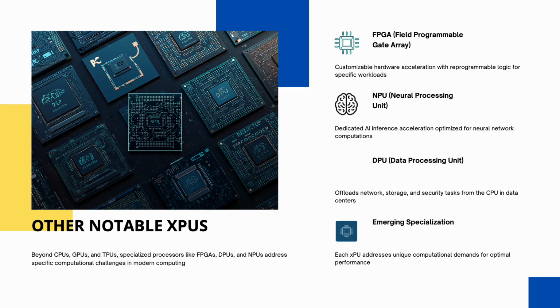These are dedicated AI inference acceleration optimized for neural network computation. There are also DPUs or the data processing units which offload network, storage and security tasks from CPU to the data center. Apart from that, there are few more emerging xPUs which are specific for a particular computational demand.